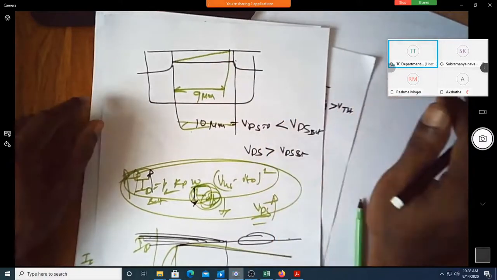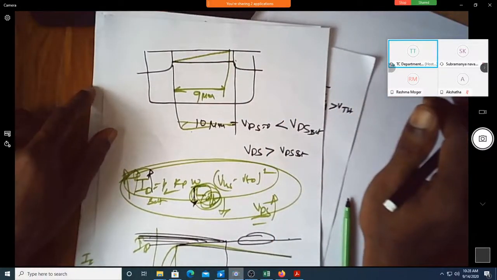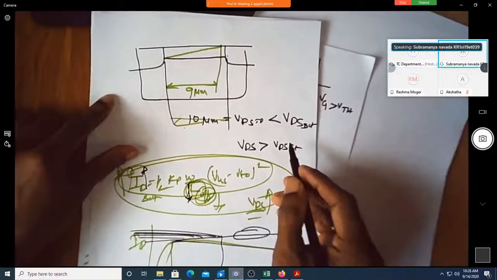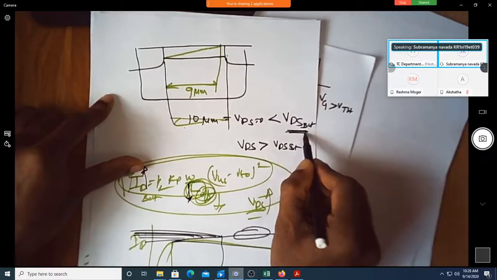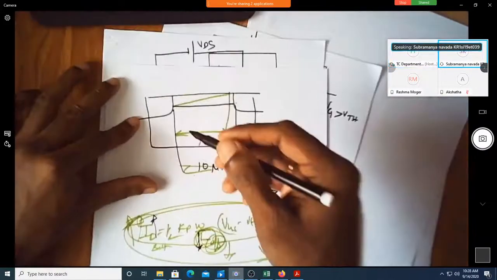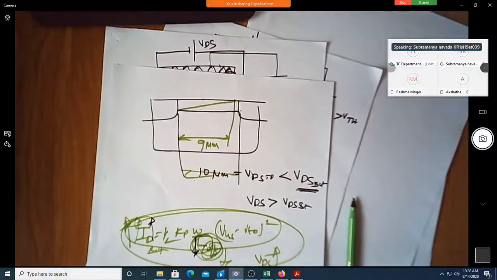It is happening due to the increment of VDS. Now, are we actually changing the effective length of the transistor in the saturation region by changing the value of VDS? Yes, sir. So what is the other name for this change? We call it modulation. So, as you increase VDS, L will reduce.